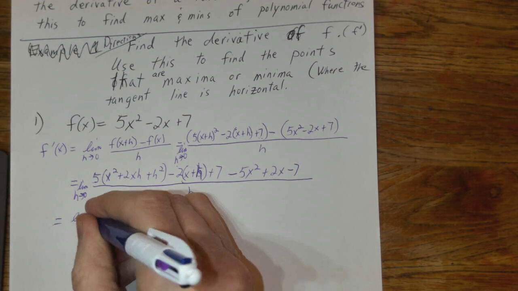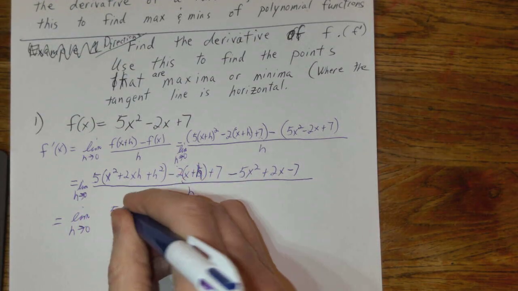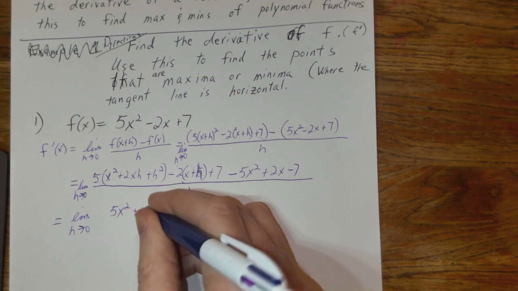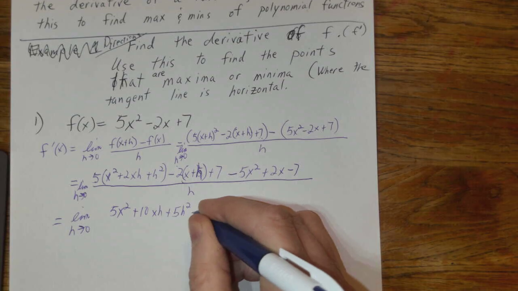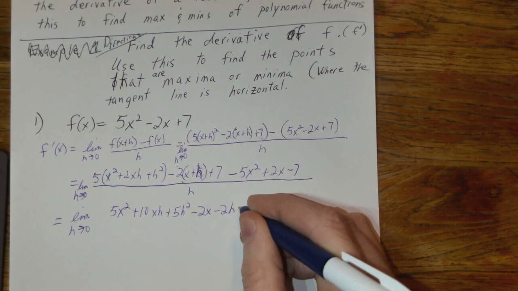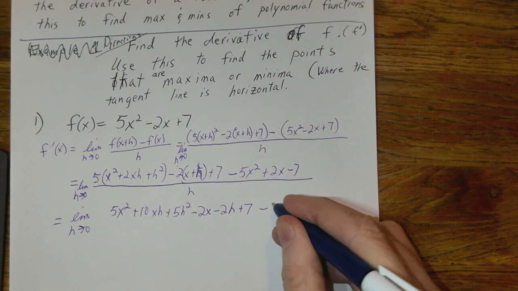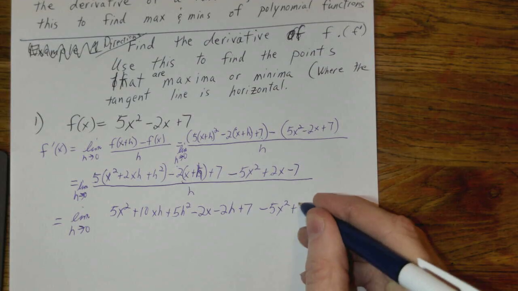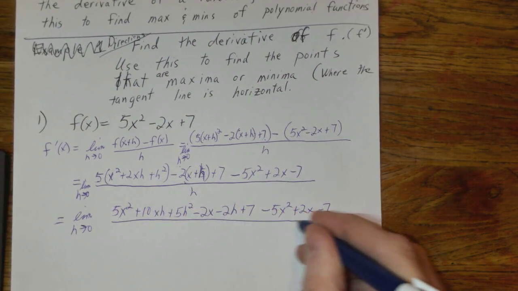The limit as h approaches 0 of 5x squared plus 10xh plus 5h squared minus 2x minus 2h plus 7, that 7 is not connected to anything, minus 5x squared plus 2x minus 7 over h.